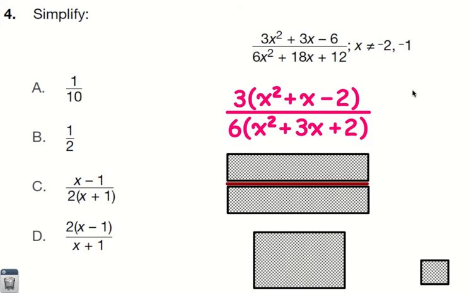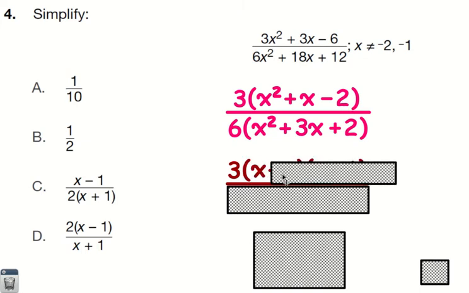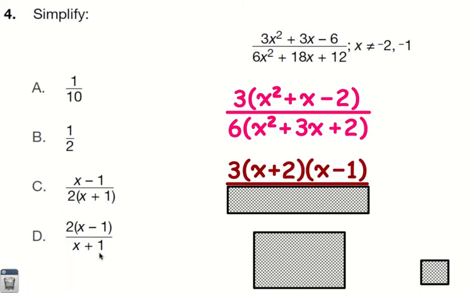Well, when it comes to factoring, sometimes you can do a GCF and then keep factoring by unfoil. You can factor again. And so does x squared plus x minus 2 unfoil? Why, yes, it does. Because there's two numbers that multiply to make -2, but they also add up to be +1.